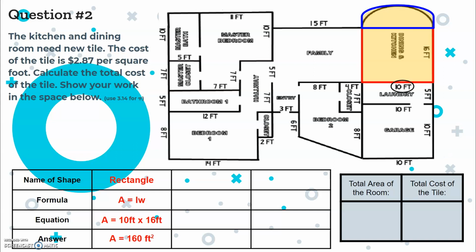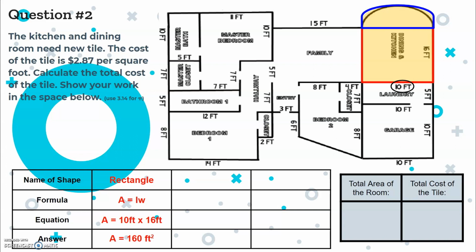All right, so now I know that this is a semicircle. However, the first thing I need to do is identify what my diameter is. And if you look, I just circled that 10 foot from my rectangle. The rules of a rectangle are each side that's opposite from each other is the same length as its opposite side.